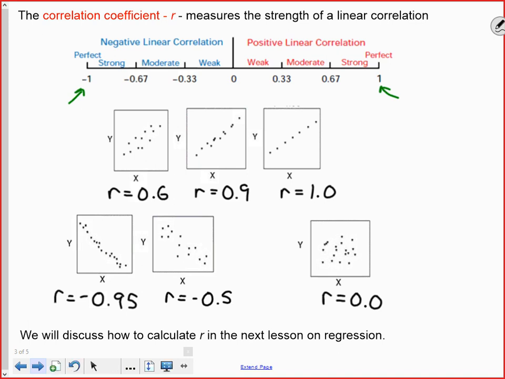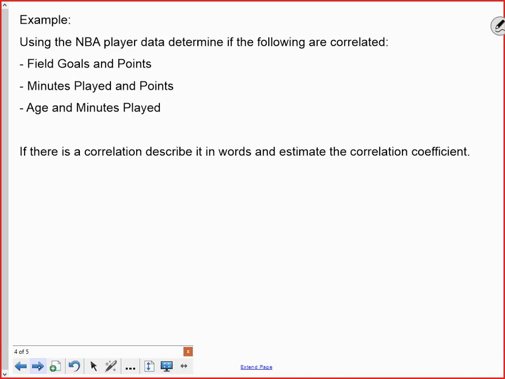What we're going to do next is take a look at an example of creating some scatter plots, checking to see if variables are correlated, describing these correlations in words, and giving a rough estimate of the correlation coefficient. So we're going to flip over to Excel here to make our graphs.